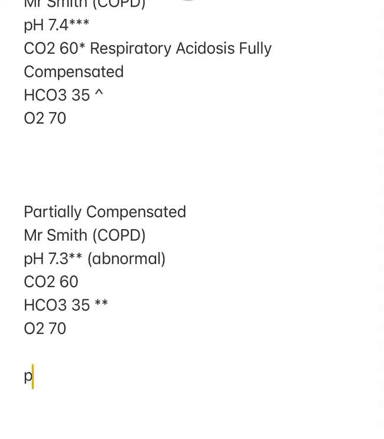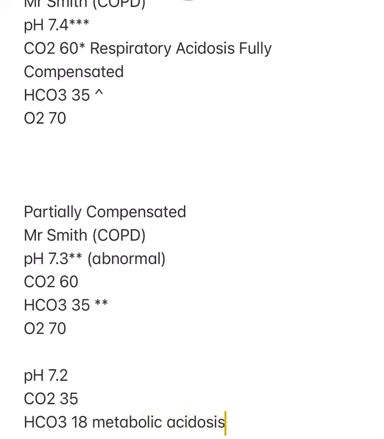However, if the pH is low, let's say 7.2, the CO2 is normal at 35, but the bicarb is 18, which is below normal, we're going to say that this is actually metabolic acidosis.